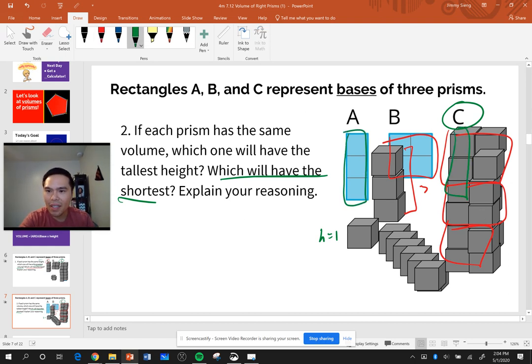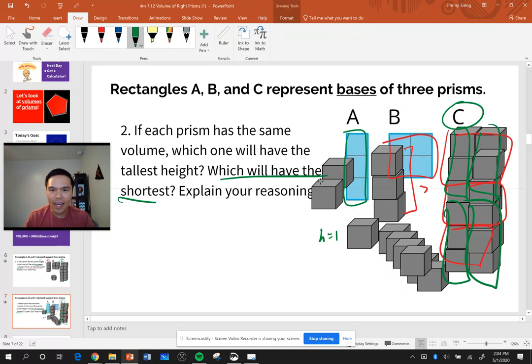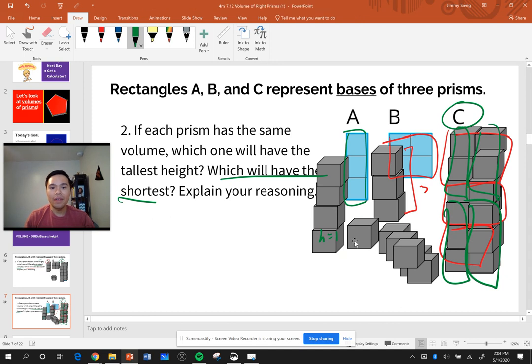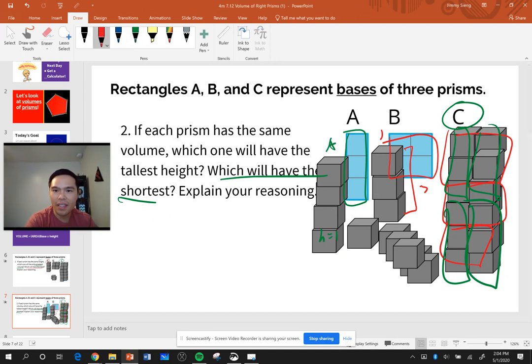So maybe I do 1, 2, 3, 4. Well, it looks like A is going to look like this on the side, right? Where you have 1, 2, 3, and 4, right? So this one's going to be A right here, and then this one's going to be B. So it looks like A will have the tallest height, right?